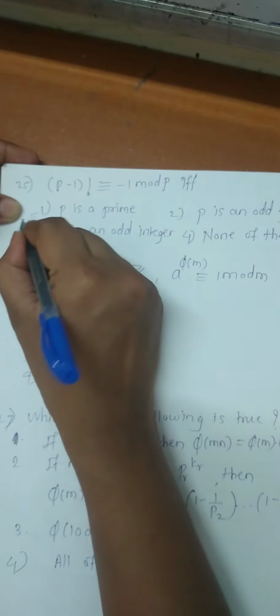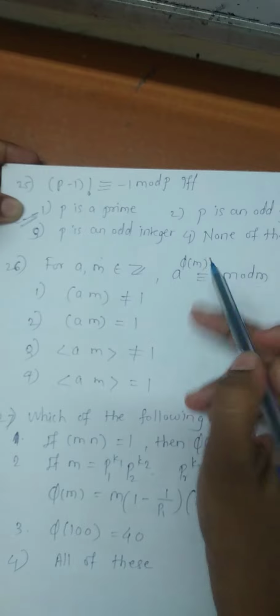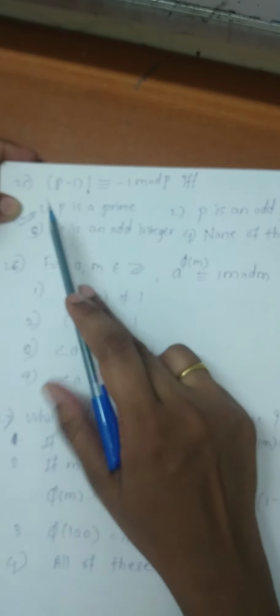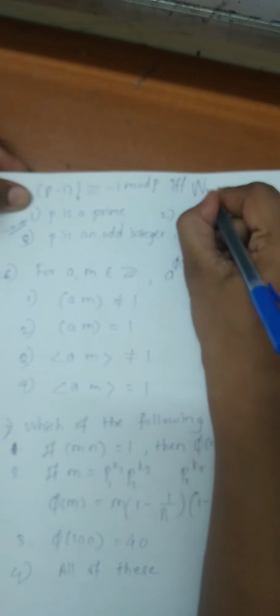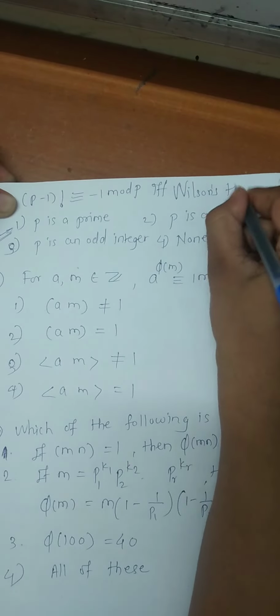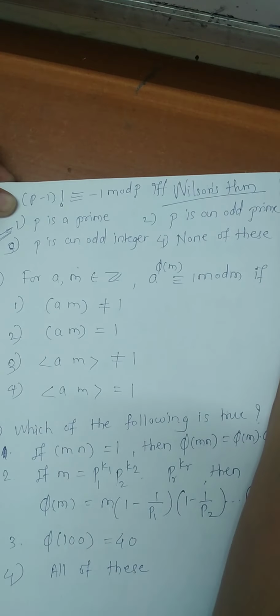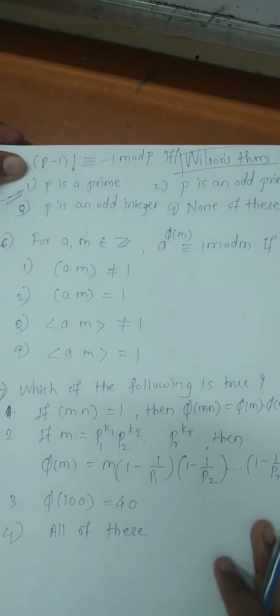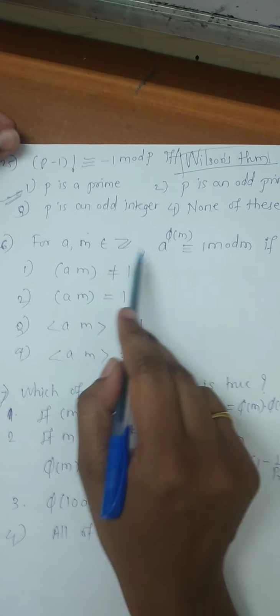P is prime is the true option, not P is an odd prime or P is an odd integer. So here P must be a prime. This is called Wilson's theorem.